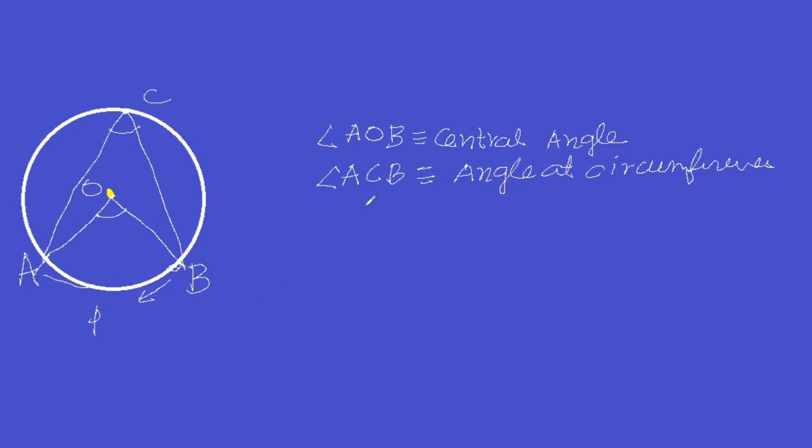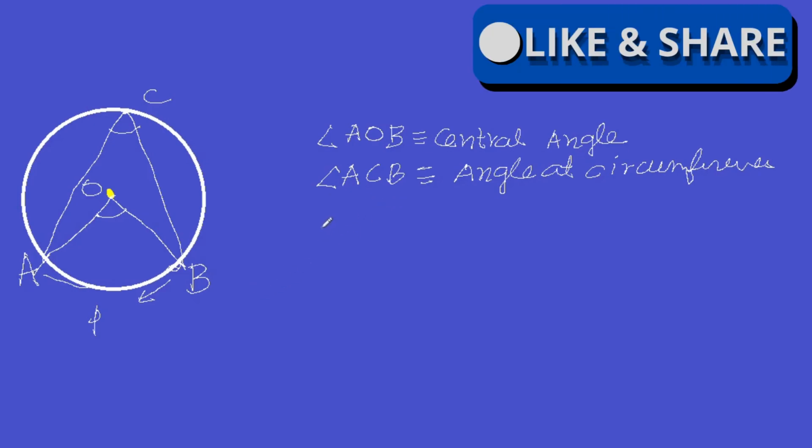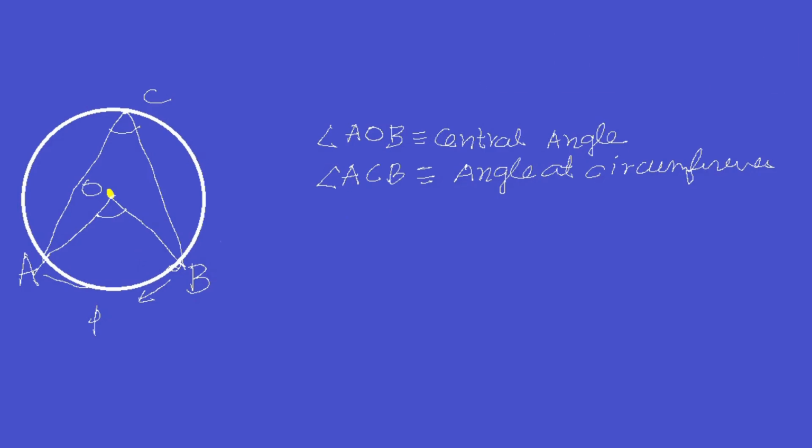The statement of the theorem: The angle subtended by an arc at the center of the circle is twice the angle subtended by the same arc at any point on the remaining part of the circle.